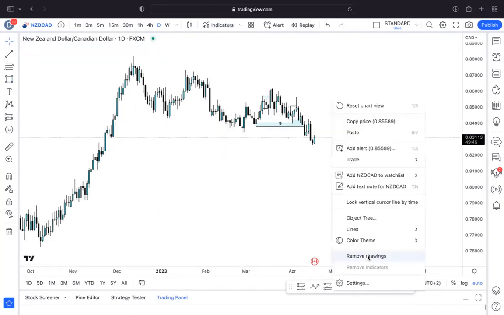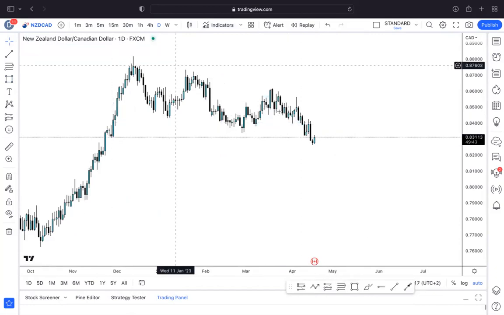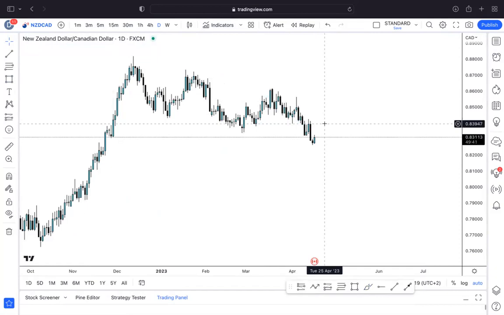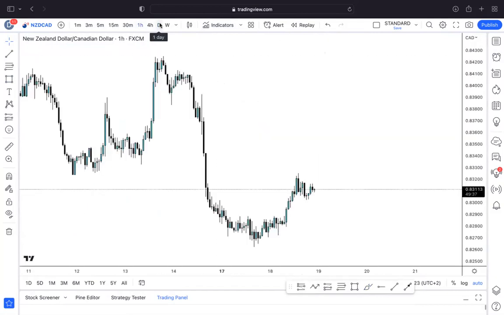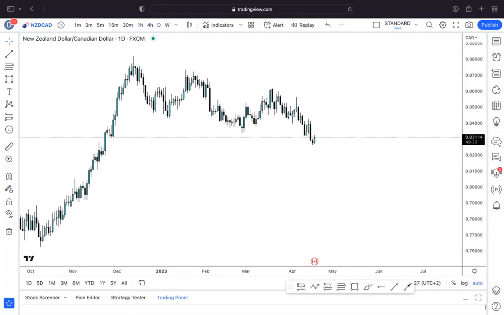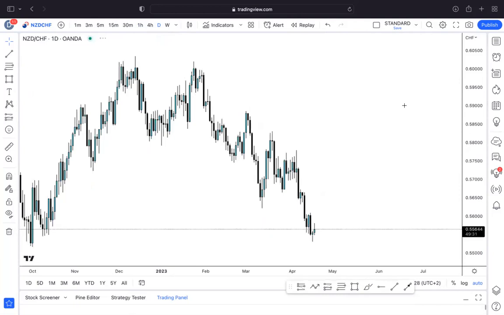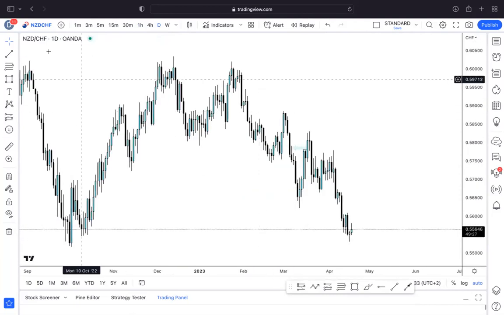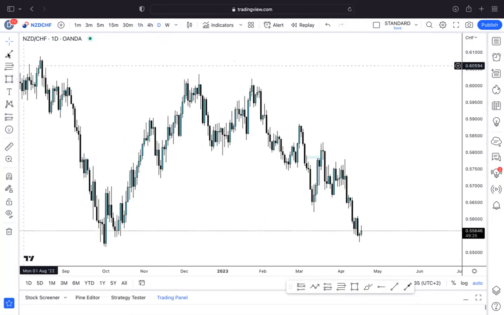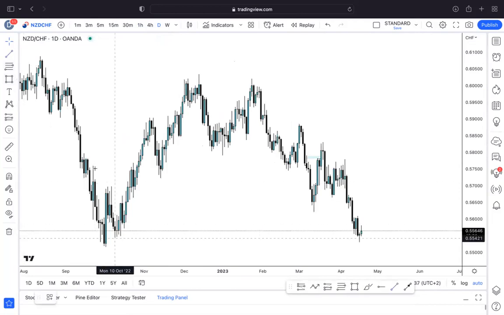Also, I don't like how small the movements are. These are the daily candles, they should be a bit bigger. There's not much volatility. Well, there is, but just what I'm used to trading, it doesn't really suit me. So this one is kind of interesting. But looking at all these, there's no solid high here.